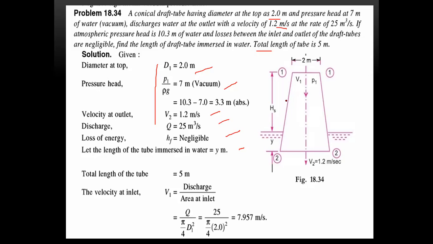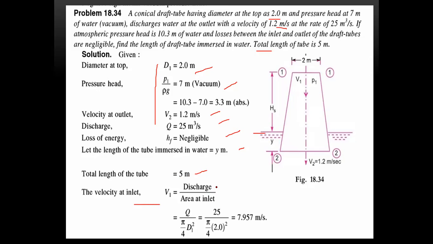So draw the figure: the draft tube, section 1-1 and section 2-2, with the datum line, and the draft tube is placed like this. The total length of the tube is 5 meters. Therefore, the velocity at the inlet V1 is equal to discharge by area.